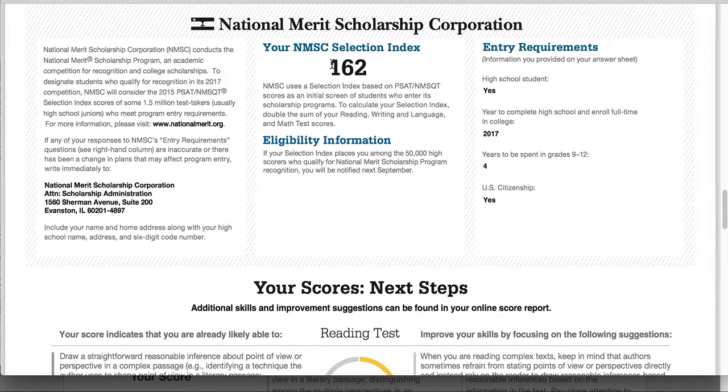Where a student falls on this index determines whether that student is eligible for special scholarship programs and a special competition to basically either become a National Merit Scholarship finalist or a National Merit Scholarship winner. And if you win this competition, you get a lot of commendations in addition to scholarships, and colleges are very impressed by that honor.